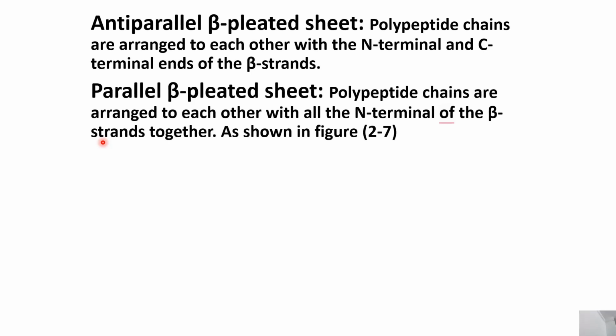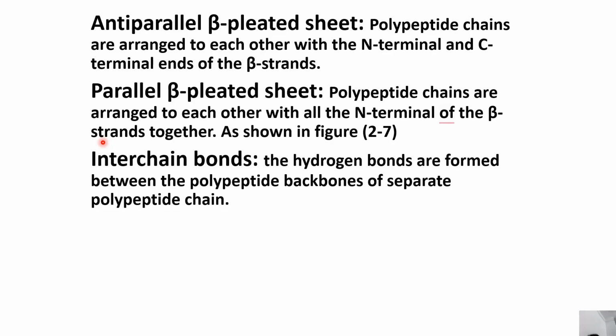Polypeptide chains are arranged to each other with the N-terminal and C-terminal ends of the beta strands aligned in the same or opposite directions. So you see the difference between the parallel and the antiparallel beta pleated sheet. Now there are interchain bonds as well.